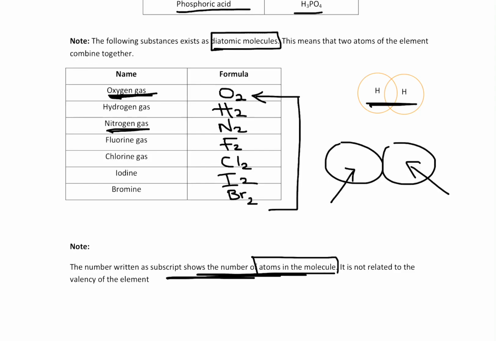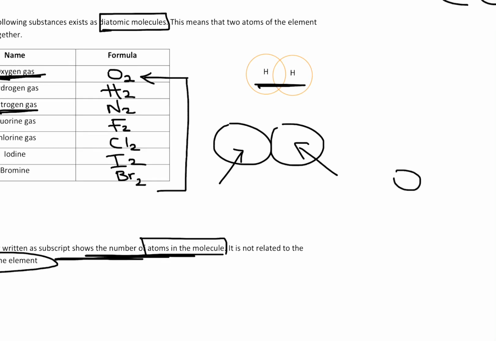It's not related to the valency of the element at all. So it's not like oxygen is O2 because its valency is 2. No. It is O2 because there are 2 atoms of oxygen combined. N2 exists as N2 because there are 2 atoms of nitrogen combined.